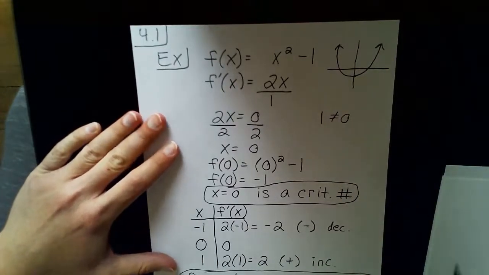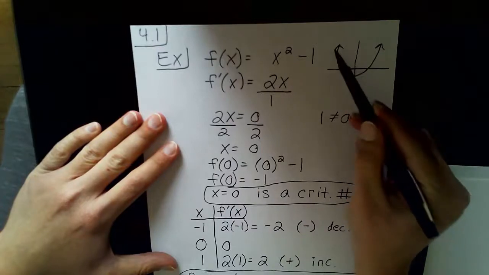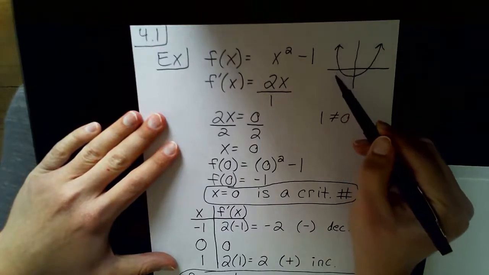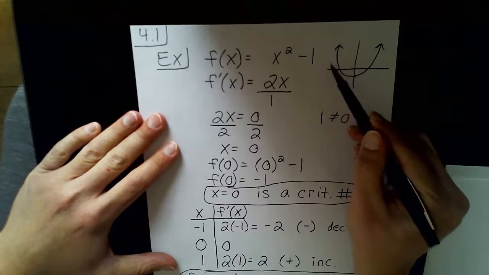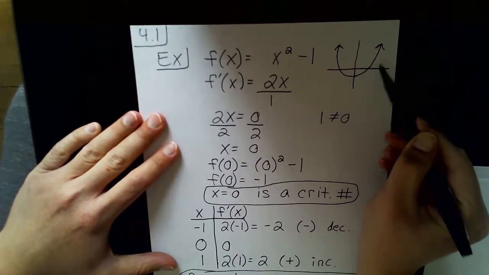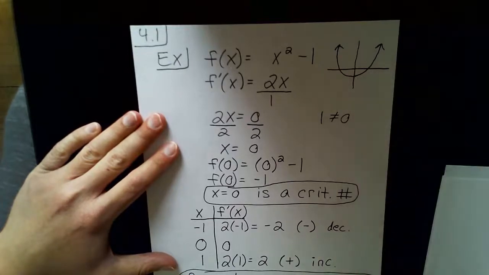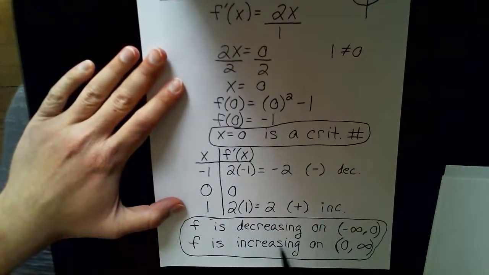So if you look at all the values starting from negative infinity to 0, they are constantly decreasing. The y value is always decreasing until it reaches the vertex, and then at that point, from 0 to positive infinity, the y values are always increasing, which is exactly what we said for our intervals here.